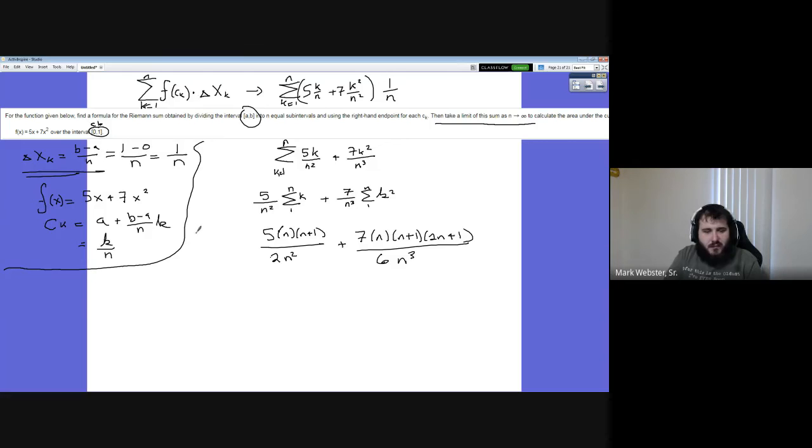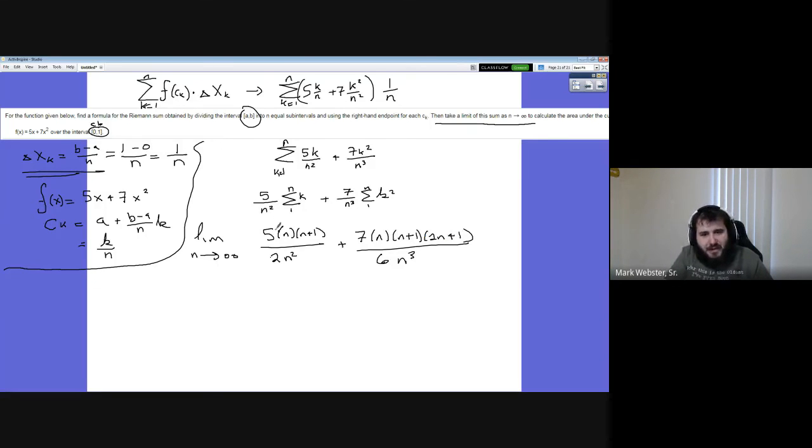So if we take the limit of this, well, a couple things to notice is that all these plus ones are going to go away because we're in infinity land. N gets too big, right?